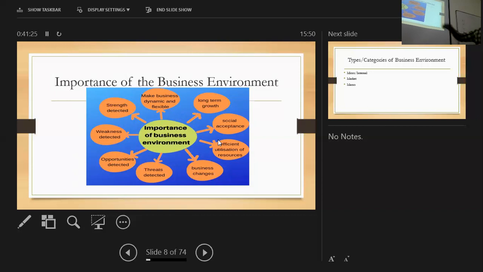So we can also look at the SWOT analysis. But what you need to know is that the S and W are internal. Strengths and weaknesses emanate from the internal environment, while opportunities and threats are from the external environment.